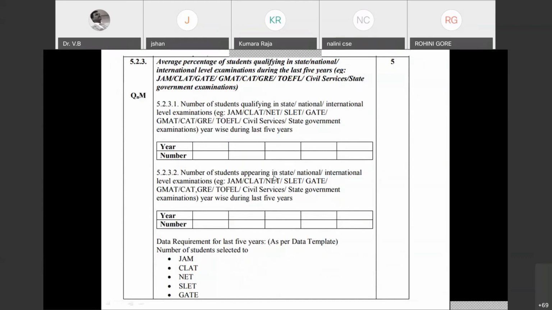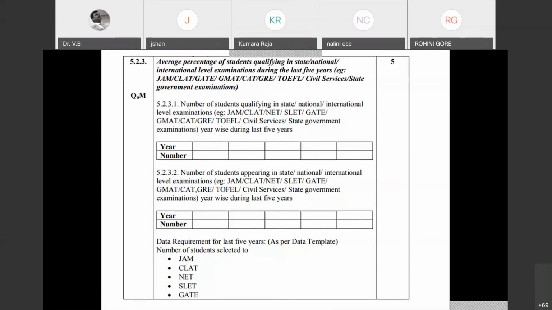If the student has cleared those examinations, then you need to have his pass certificate in that particular examination as the proof. So GRE, his mark sheet which specifies the scores he has scored in that GRE, a copy of that mark sheet is required. Same thing applies for TOEFL, civil services, and UPSC, all these things. So once we give a number over here, then that many number of letters or mark sheets are mandatory.